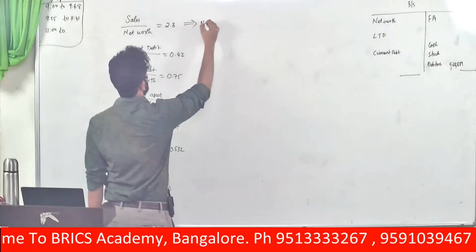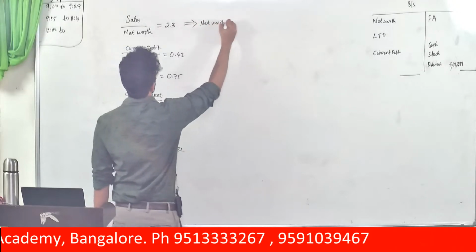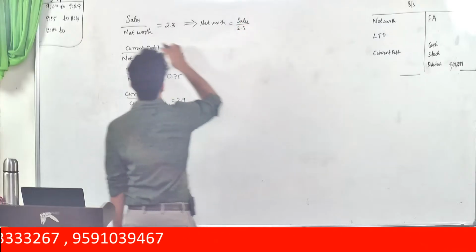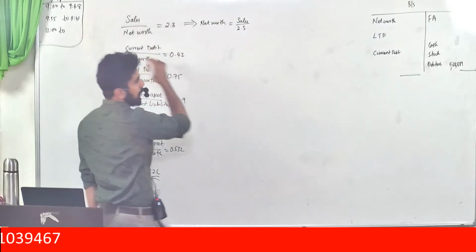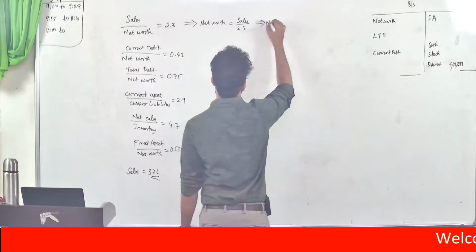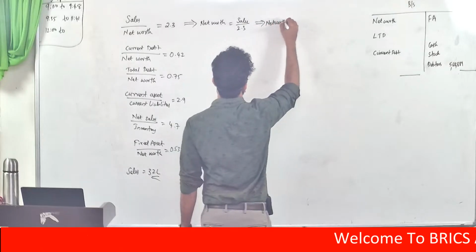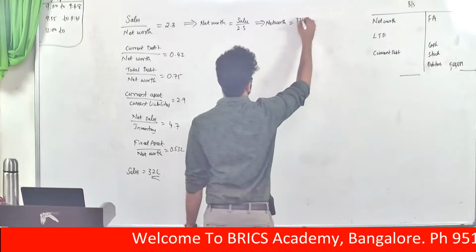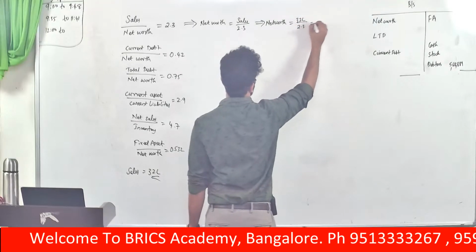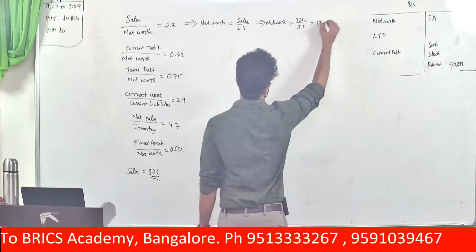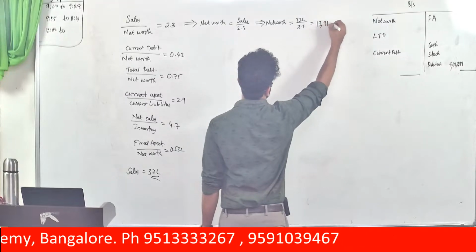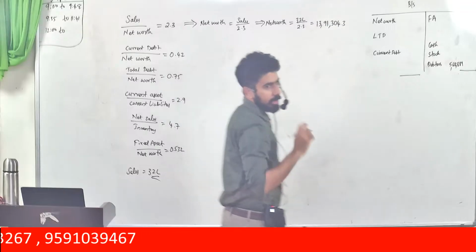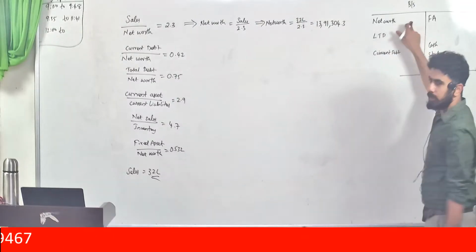Net worth is equal to sales divided by 2.3, which is 32 lakhs divided by 2.3. That is 13,91,304.3.